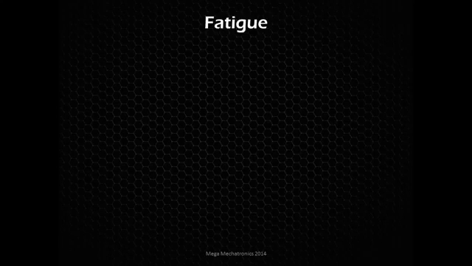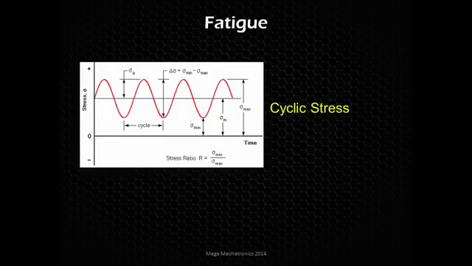All right, let's get into fatigue. So fatigue is typically a cyclic stress on that part. So it's being constantly stressed back and forth. So looking at this chart, you see two scales here, a stress scale on the vertical side versus time. It almost looks like you're looking at a sine wave, like the power coming into your house or electronics, but this is actually stress.